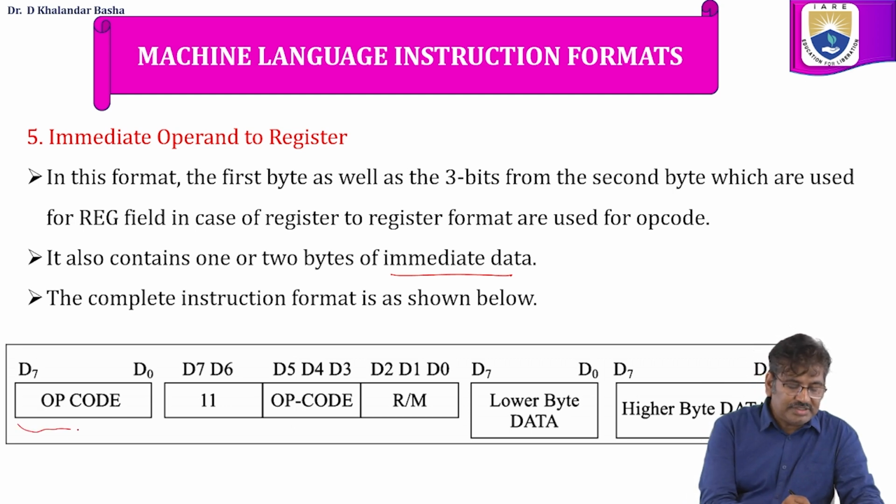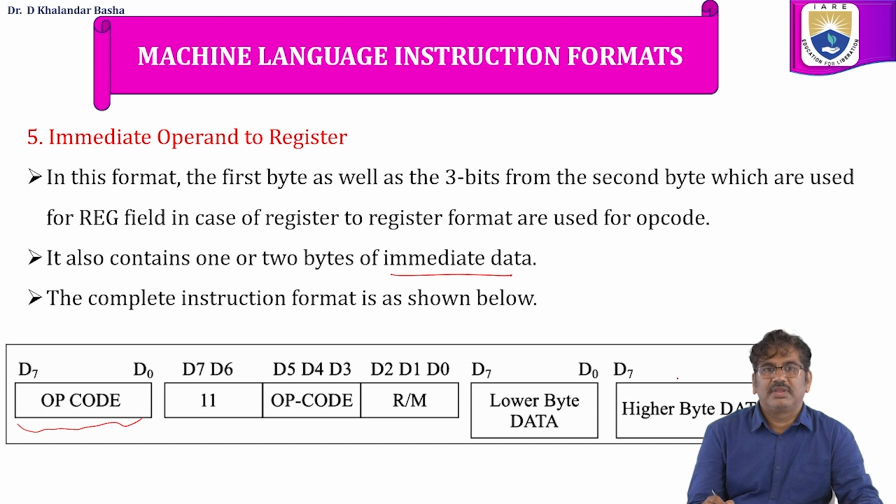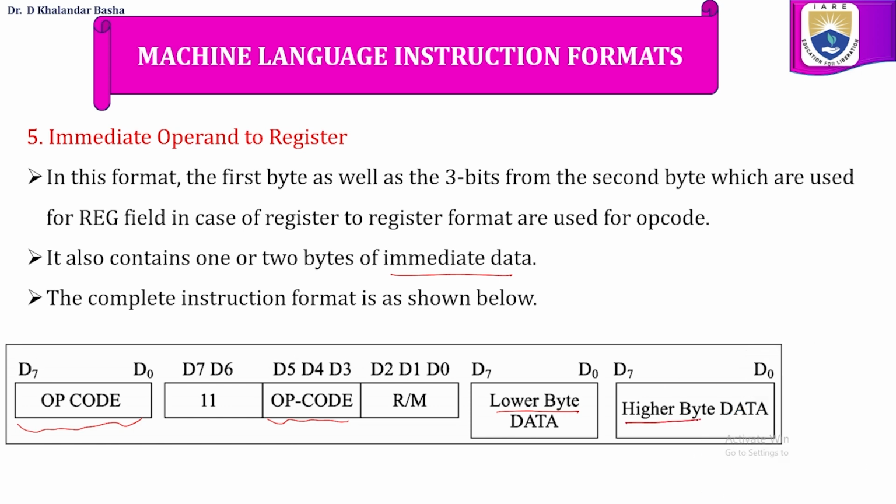The first byte will specify the opcode. In the second byte, 3 more bits are reserved for the opcode only. D6 and D7 bits are 1 1. D0, D1, D2 will specify whether the data is being transferred to a register or memory location, which we write as R/M. The lower byte of the immediate data is specified in the third byte. In the fourth byte, the higher byte of the immediate data will be placed.